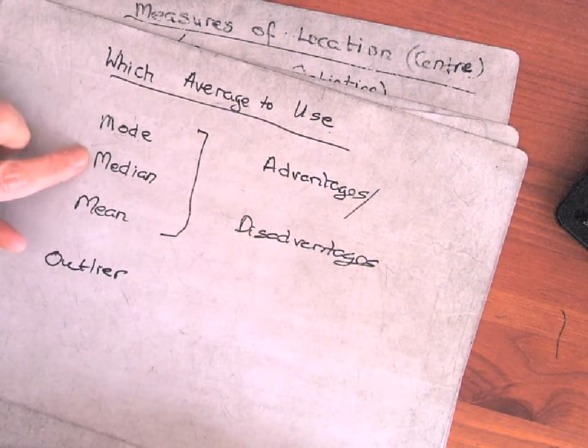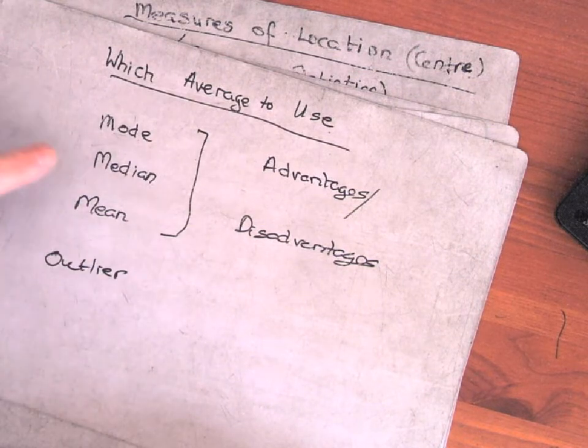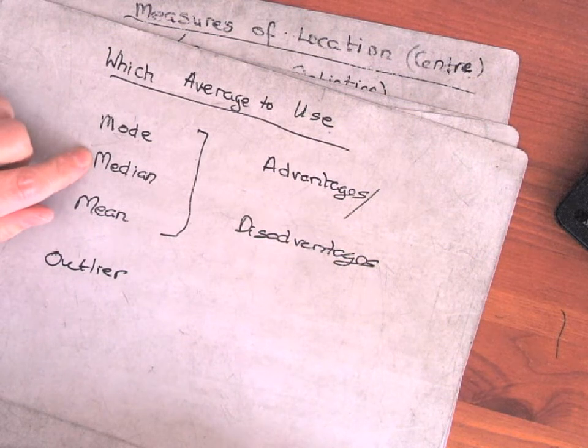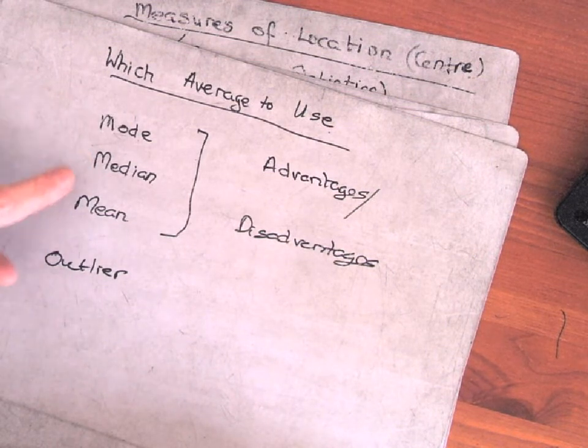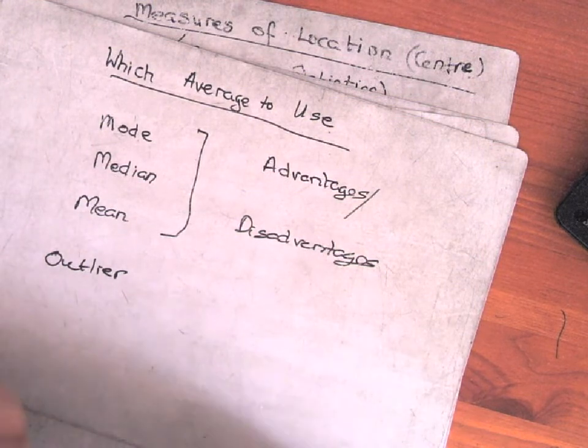The median. The advantage is it's easy to find. The disadvantage is it's not very useful for further analysis. Another advantage of the median is it's not affected by outliers. Outliers are extreme values.